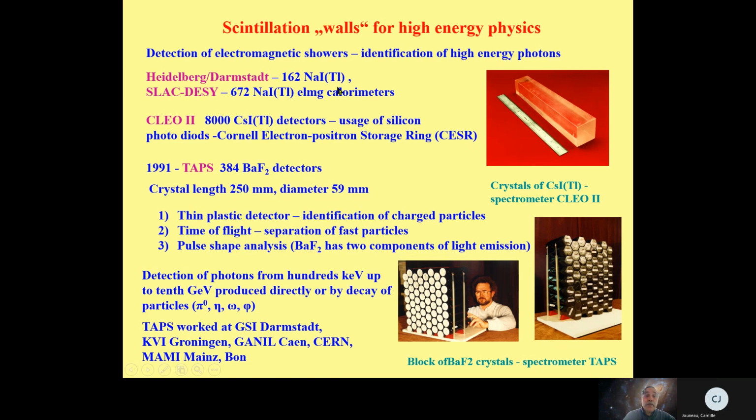That means scintillation walls can be used for detection of electromagnetic showers, for identification of high energy photons and determination of their energy. The first of them was the Heidelberg Darmstadt wall, which used about 162 sodium iodide scintillator detectors.